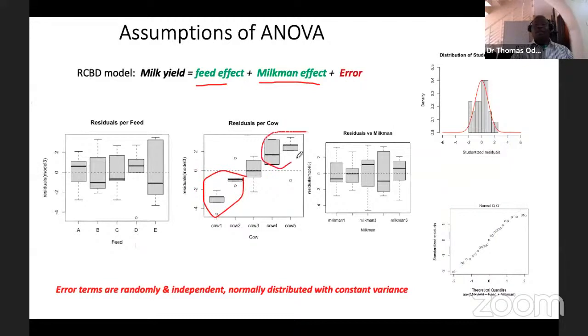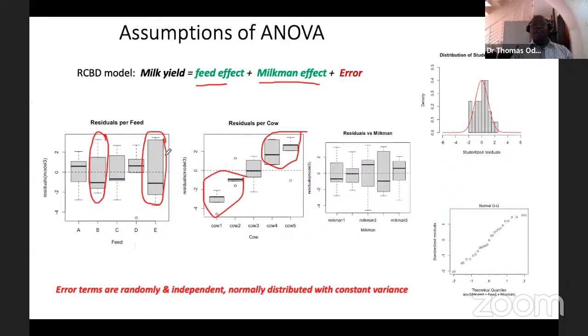So the effect of the cow needs to be in our model because it has a strong effect on the model. For the milkman, we seem to be okay, and then we still have the high variability here, and the high variability here, and that may pose us a little bit of a problem.